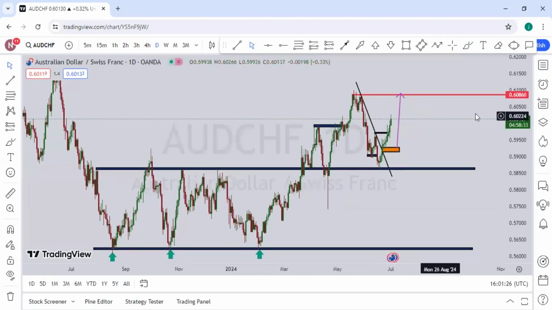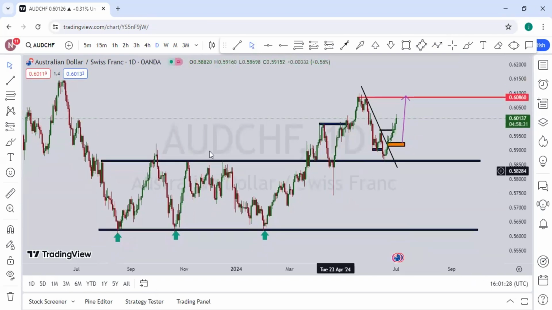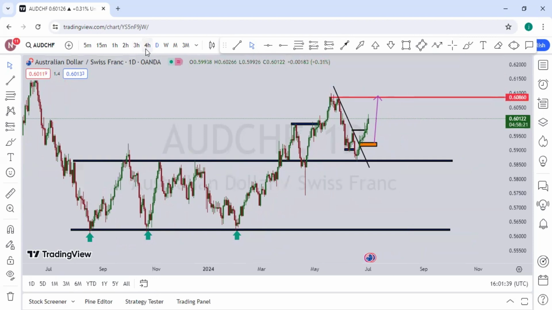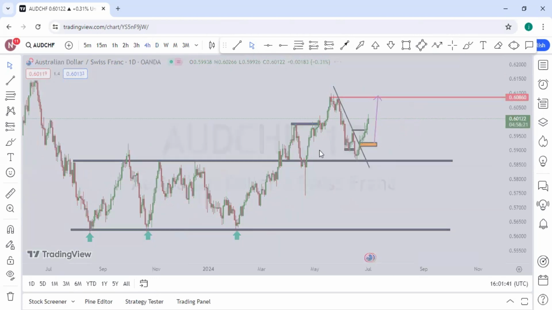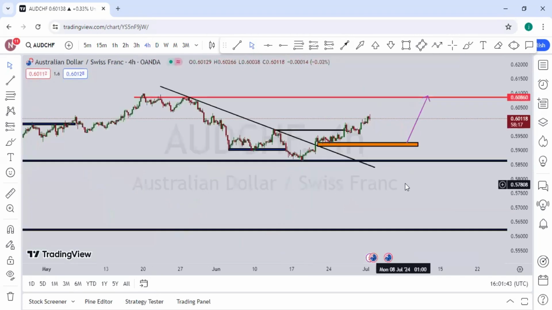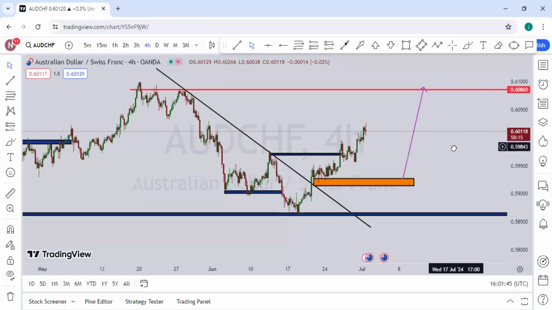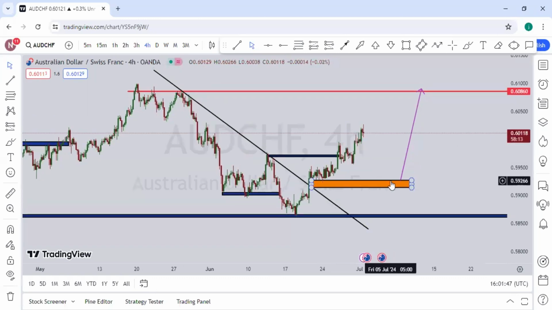This is another pair, this is USD CHF. You can see this was a resistance, and here it became a support. Also, it became a second support around here. So what I was waiting, let's go to 4 hour, what I was waiting is for the market to retrace to my fib level.